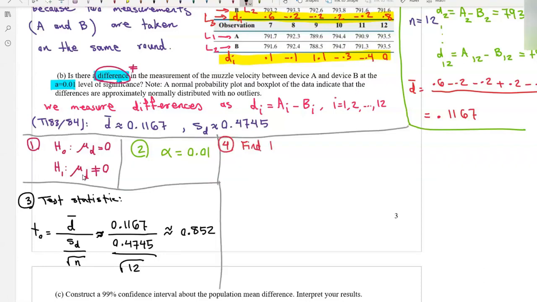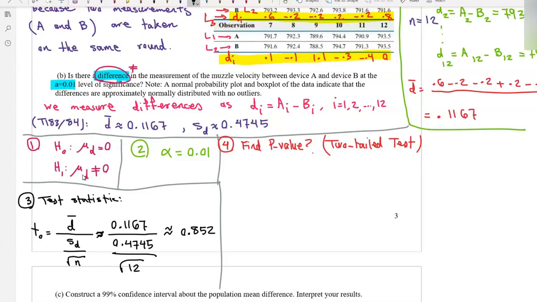So we have to find the p-value. That's why we have two-tailed test. I'm going to use the TI-83/84 because using the table it's kind of hard for you, and I don't want to make this more complicated.